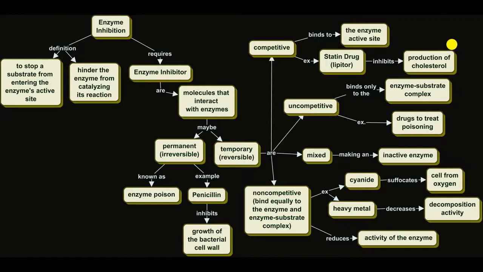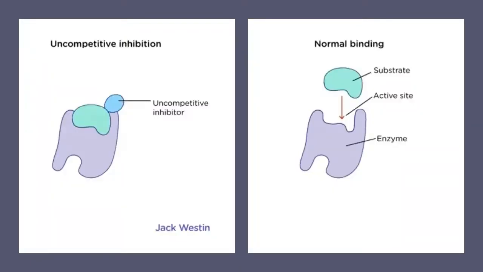Another type of enzyme inhibition is the uncompetitive enzyme inhibition. In uncompetitive enzyme inhibition, the inhibitor binds only to the enzyme substrate complex. So this is how the uncompetitive inhibition works. The enzyme and substrate complex is where the uncompetitive inhibitor will bind.